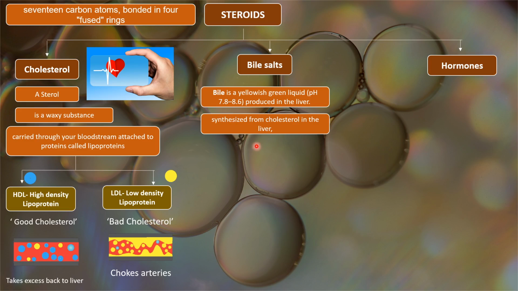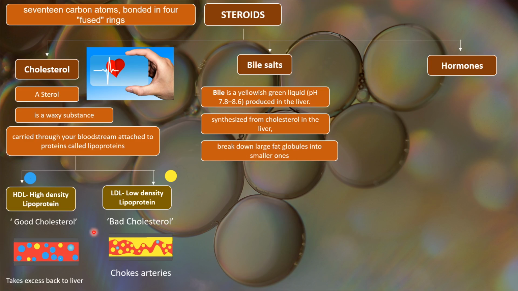So bile salt is very important for us because bile liquid breaks down large fat globules into smaller ones, right? So the main function of bile liquid, the bile acid in the liver, is to break down the large fat globules into the smaller ones.